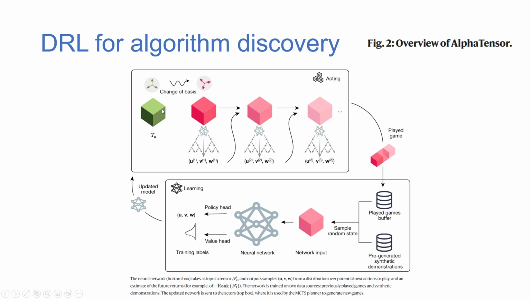So for getting the actions, as mentioned before, the change of basis is performed for data augmentation, and it's going to use a Monte Carlo tree search, and the Monte Carlo tree search is going to use the policy and the value head. The policy you can see as the actor, and this as the critic.